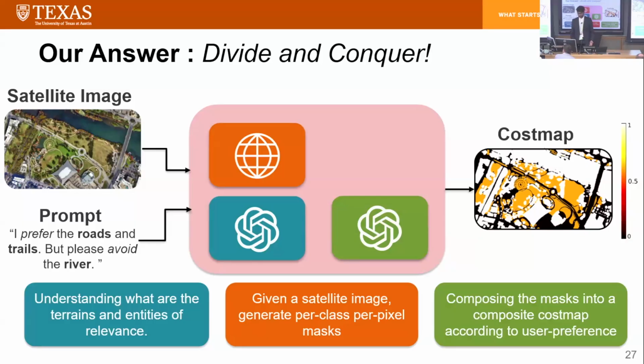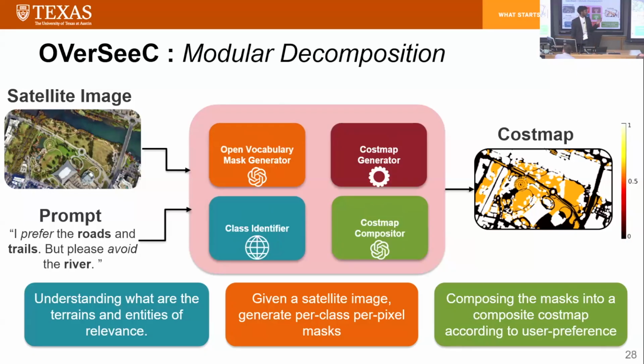The last bit is, once we have the masks, we want to compose them together. And so an LLM can generate a function that can combine these masks together. And lastly, we have a system which combines all of these things together and gives a cost map. And so we name these as the class identifier, the open vocabulary mask generator, the cost map compositor, and lastly the cost map generator.